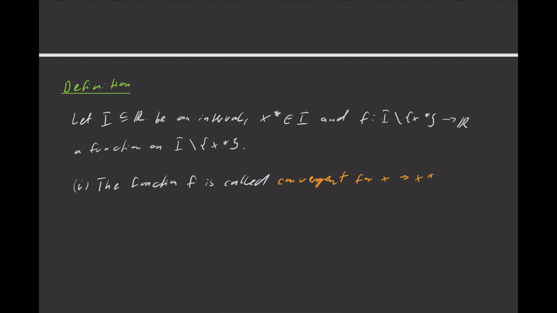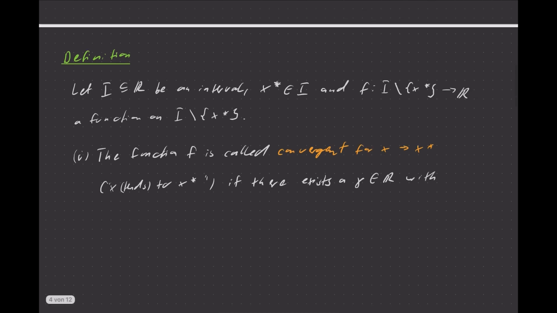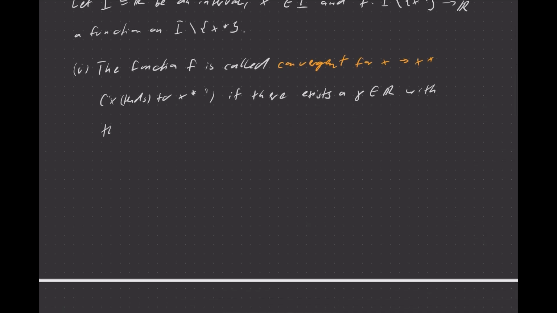So you'd pronounce this as x tends to x star, or just x to x star. If there exists a number gamma in the reals with the following property.